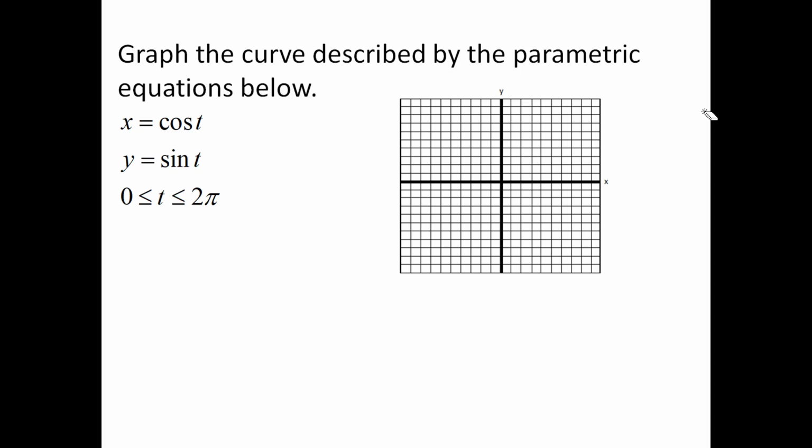Okay. Graph the curve described by the parametric equations below. x equals cosine t, y equals sine t, and your t values vary from 0 to 2 pi. So we have t, x, and y.